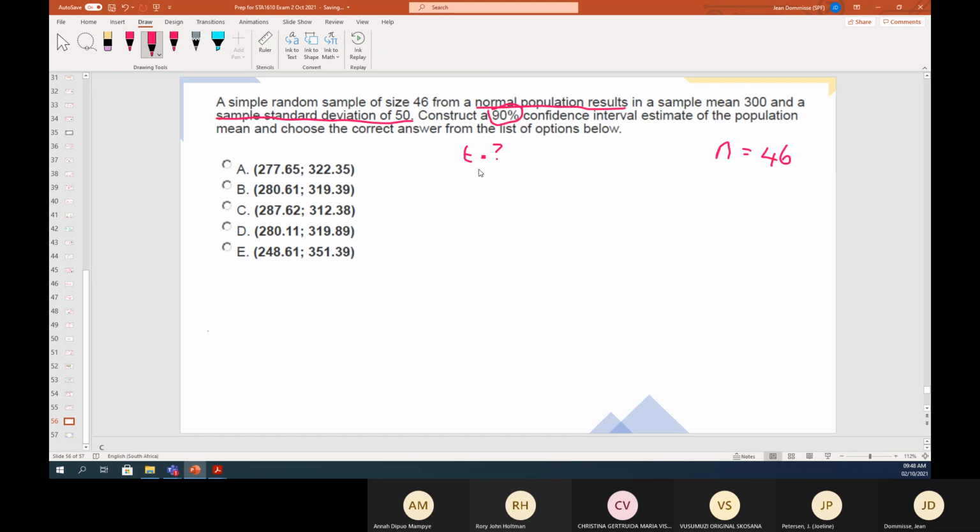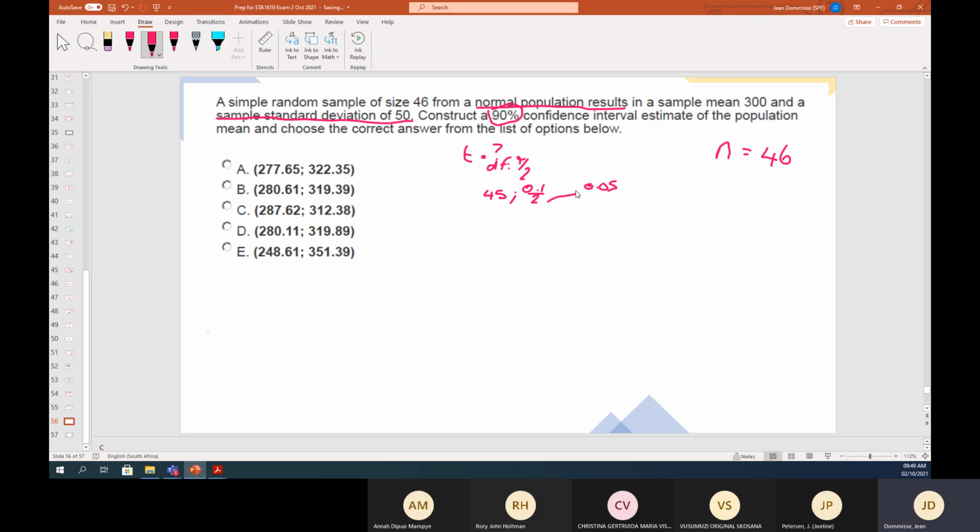So we still need to get alpha divided by 2 and degrees of freedom. Degrees of freedom would be 45. The alpha would be 0,1, and 0,1 divided by 2 is 0,05.